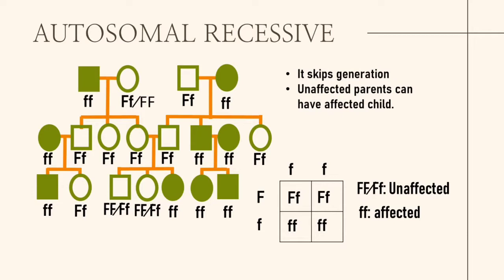And that's the reason why we have here 100% probability of having an affected child. Okay? So, always remember that in autosomal recessive, there are instances na although one parent is affected, still, 100% pa rin ang probability of having an affected child.